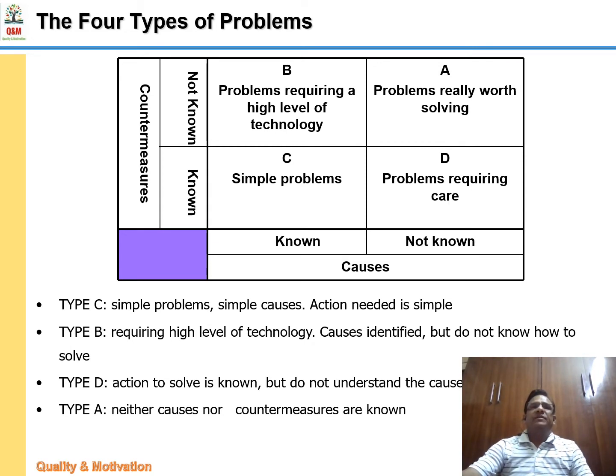Let's move ahead. D type of problem where we do not know the cause but we know the countermeasure. And A type of problem where we know neither the causes nor the countermeasure. Such type of problem is really worth solving. And this can be solved with the help of analytical tools, which we will discuss in my other videos.